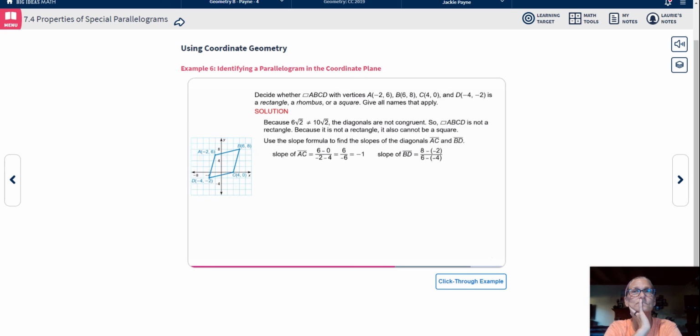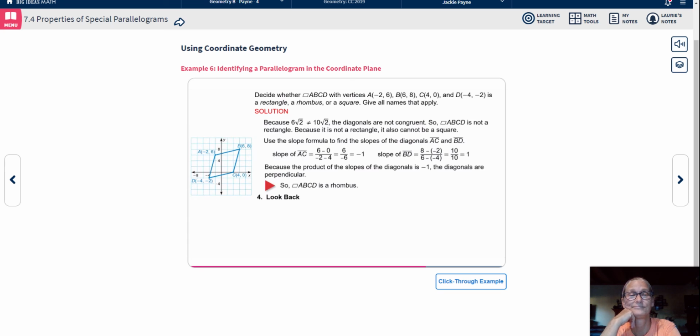The slope of segment BD is equal to the quantity 8 minus -2 divided by the quantity 6 minus -4, which equals 10 divided by 10, or 1. Because the product of the slopes of the diagonals is -1, the diagonals are perpendicular. So, parallelogram ABCD is a rhombus.